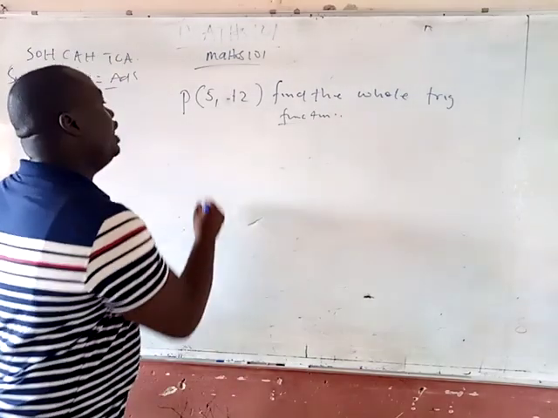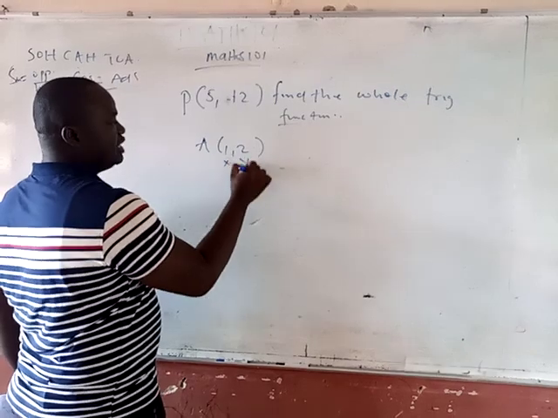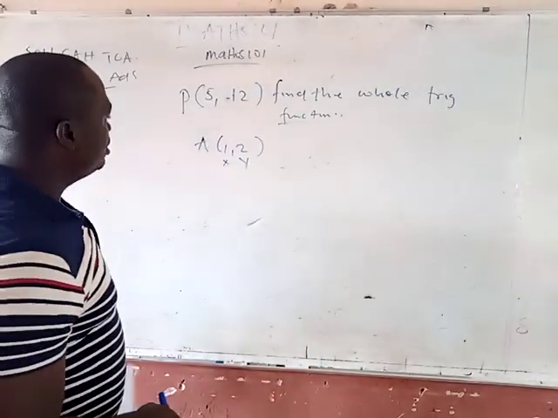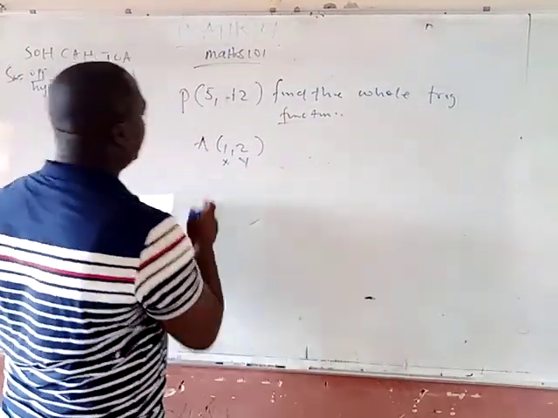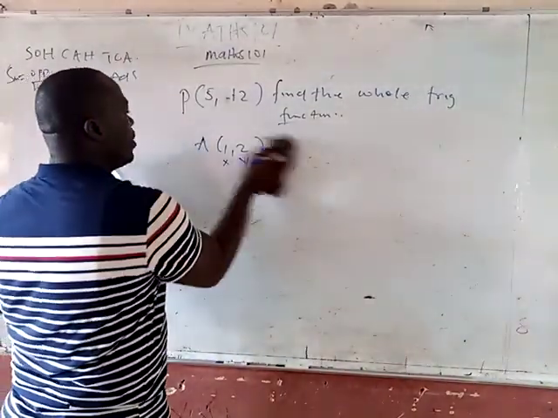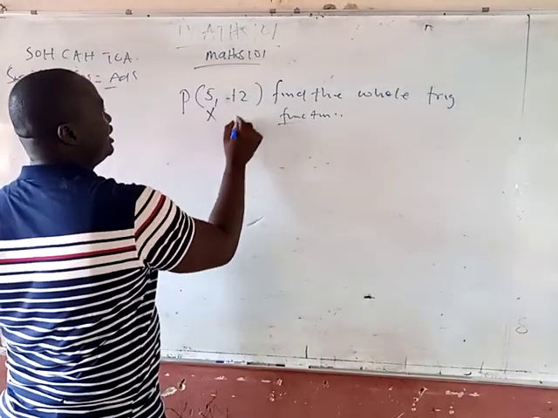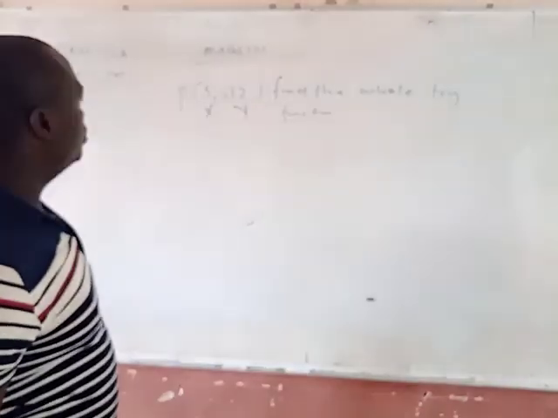Coordinate geometry. If you have a point 1, 2, this is x and here is y. We have already done this at the channel. So the first one is x and the second one is y. Here, when you come to this program, the first one is x, the second one is y. Right? Good.